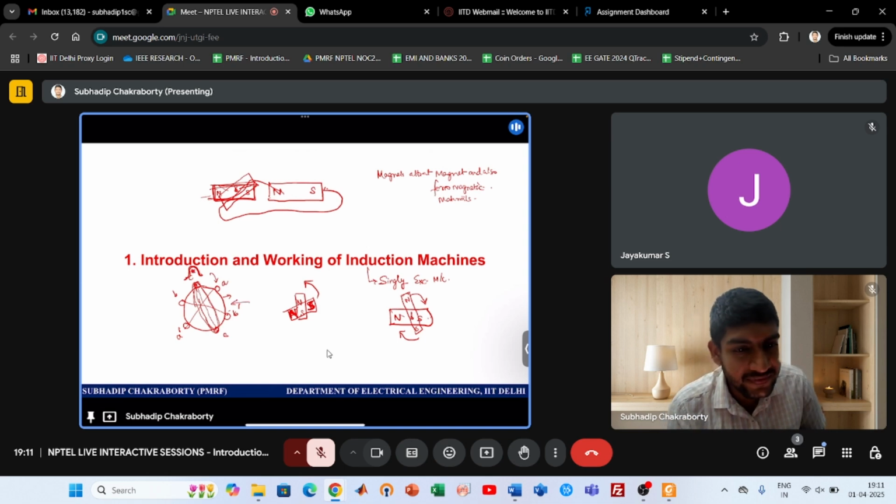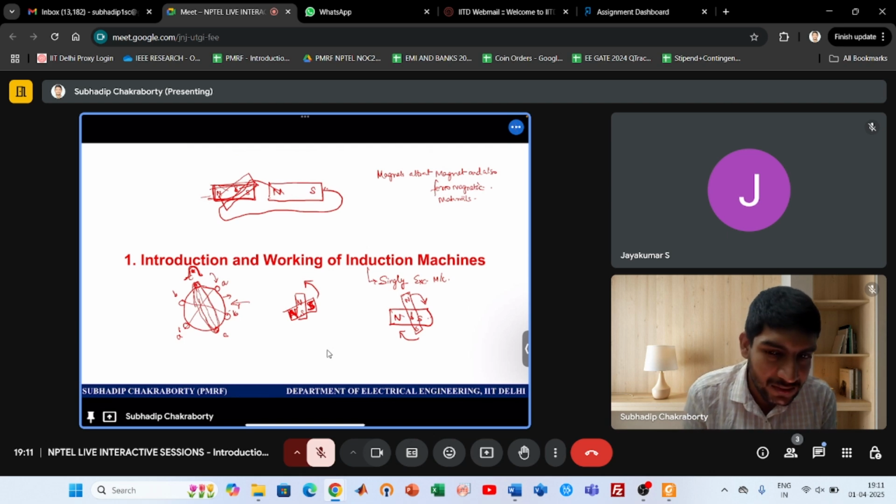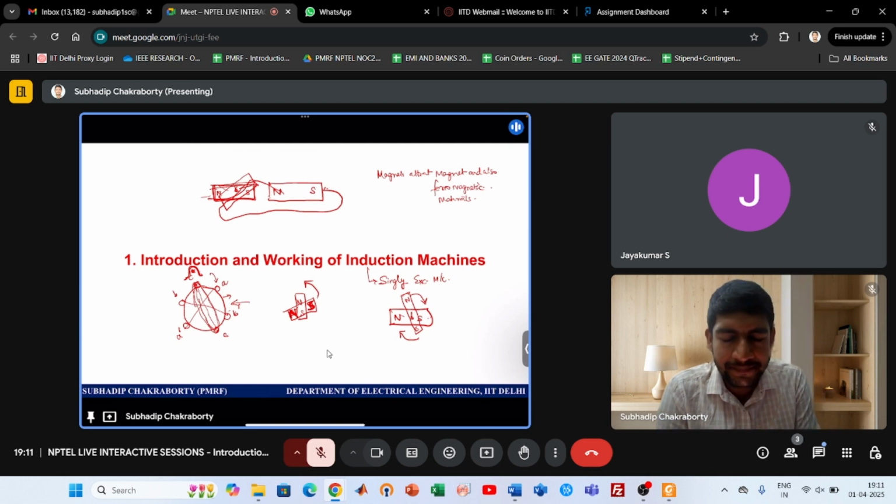So the stator itself is connected to the power source if you are trying to operate it as a motor, or we need to tap out the power from the stator itself if you are operating it as a generator. But for an induction machine, or a synchronous machine, the stator configuration, how you make the stator, remains the same.